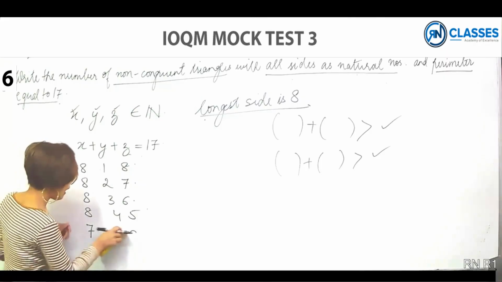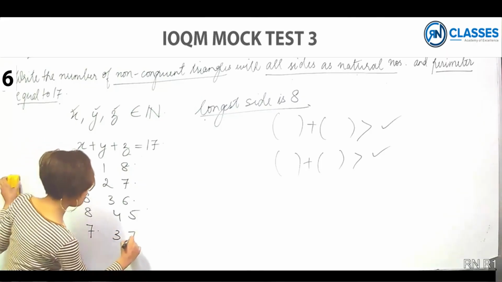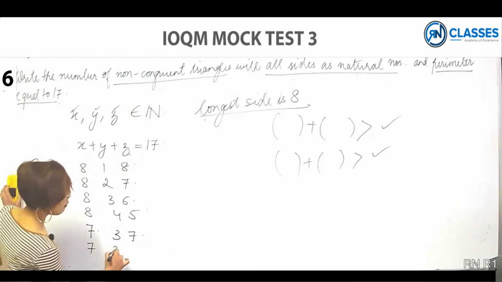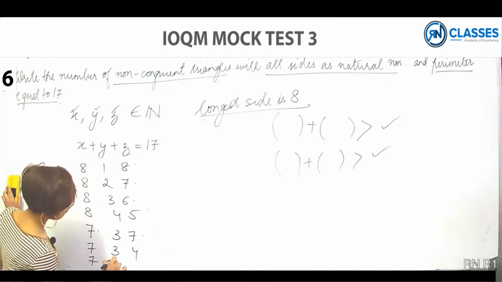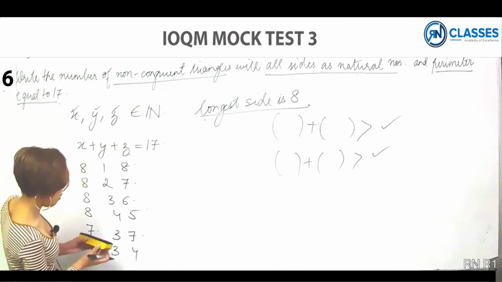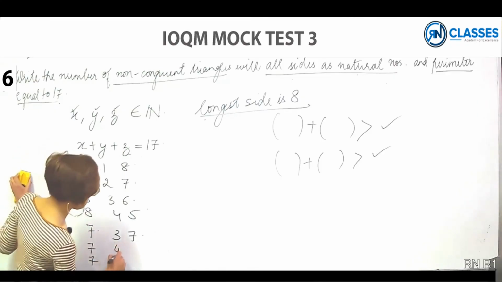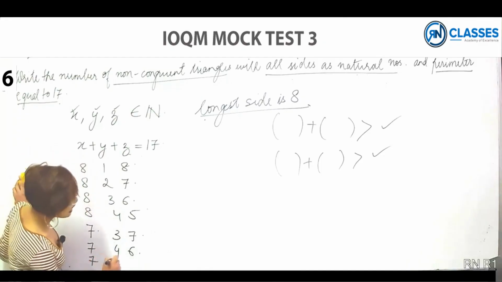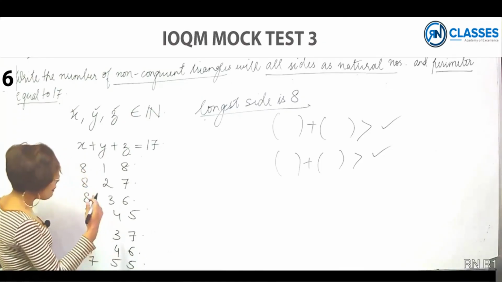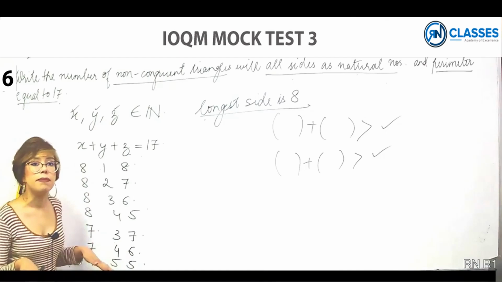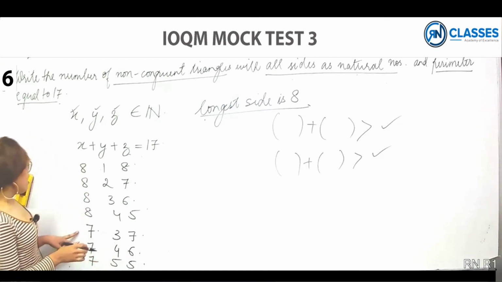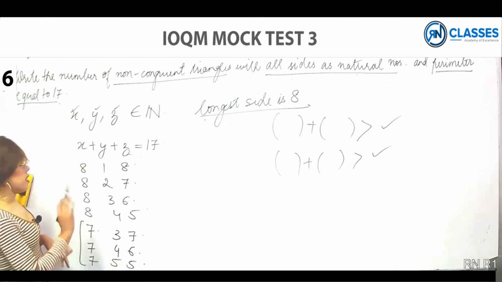So no. Then I can have 3, 7, which is absolutely fine. Then 7, 3, 4... no, 4, 6. My bad. 7, 4, 6 is fine. 7, 5, 5. That is fine. After that, the cases will start to repeat. So the longest side 7 cases are exhausted.